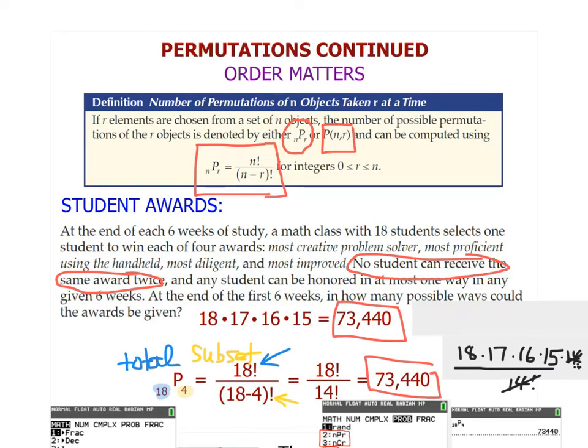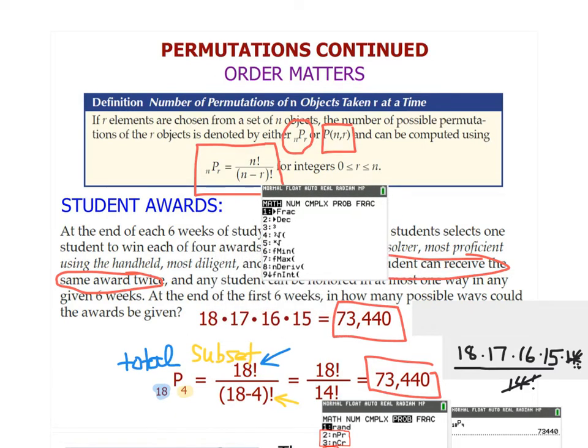So you really only have 18 times 17 times 16 times 15, which is how I taught you in that previous video. So again, whichever way you feel more comfortable doing it, just continue to do it that way. Now let me show you also how you would do this on the calculator. I'm going to pull up some images from the calculator.